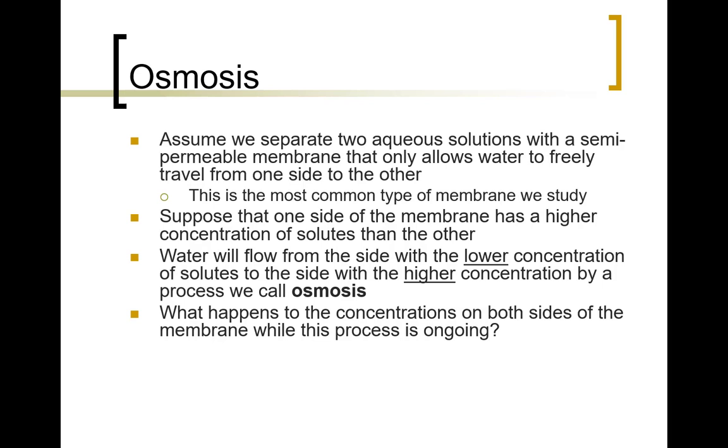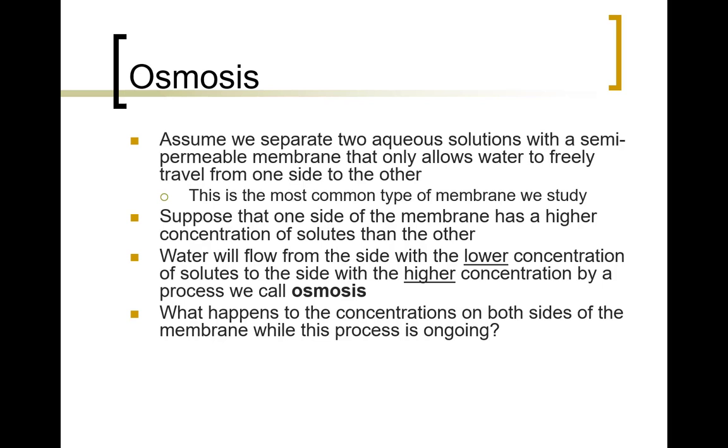Well, as water is flowing away, the volume is becoming smaller, but the amount of solutes is not changing. That's essentially the same as saying, when we look at molarity, that the numerator stays the same, but the denominator gets smaller. So what happens in that kind of a case? Well, the concentration gets larger.